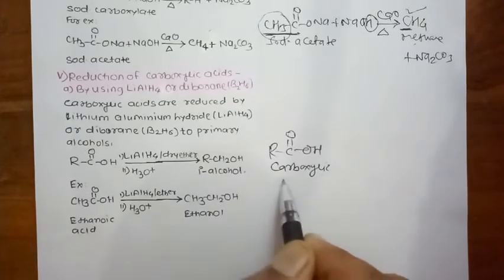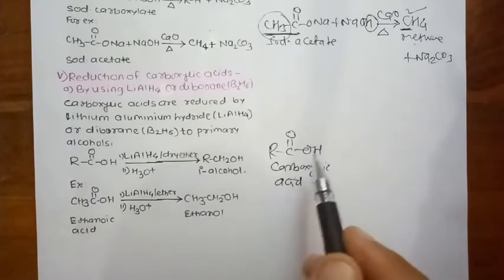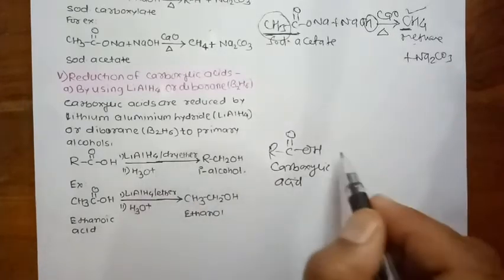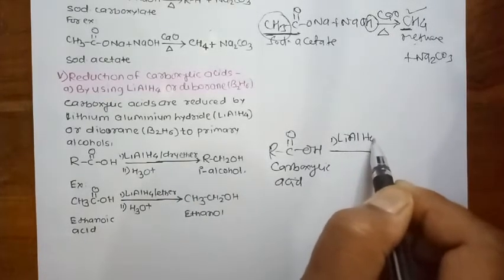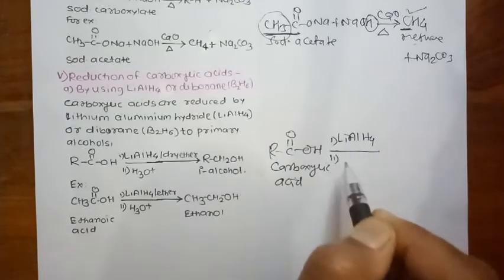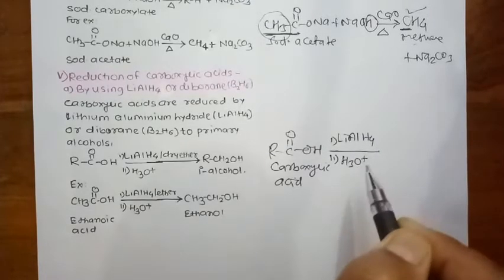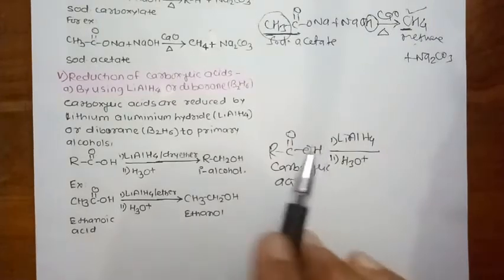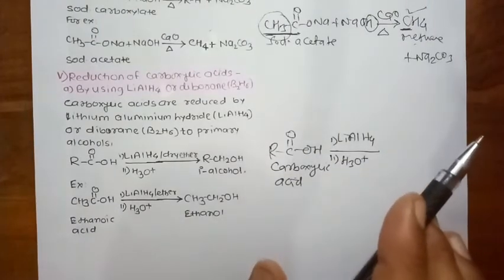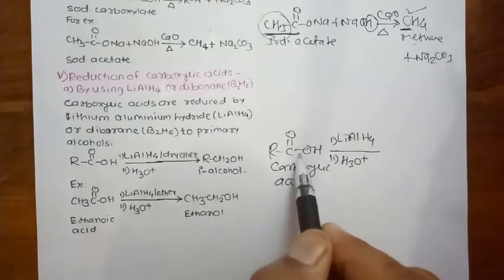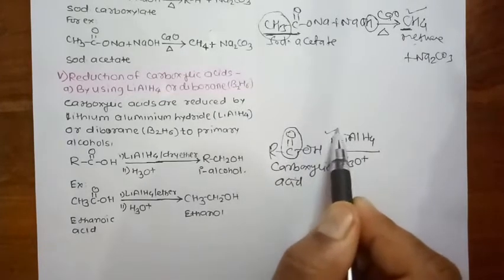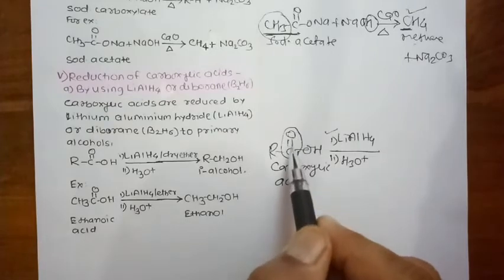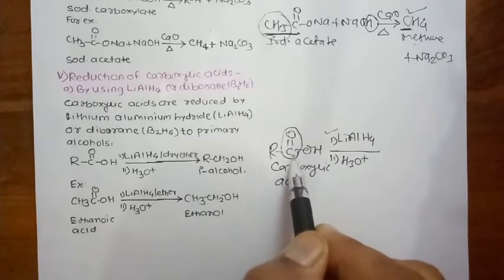It is treated with a typical strong reducing agent, lithium aluminum hydride, followed by acid hydrolysis, H3O+. There is no need to write the balanced reactions, we just have to complete it. Now this C double bond O group present here is reduced by LiAlH4 into a CH2 group.